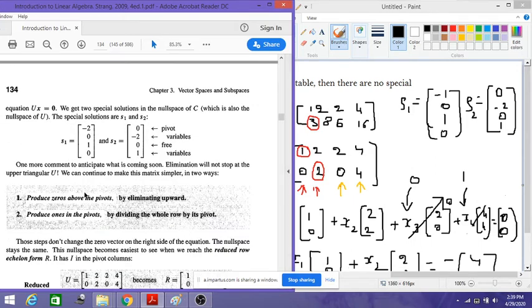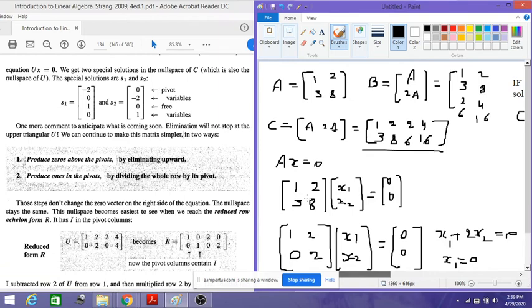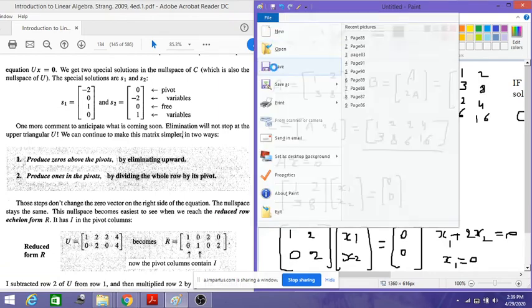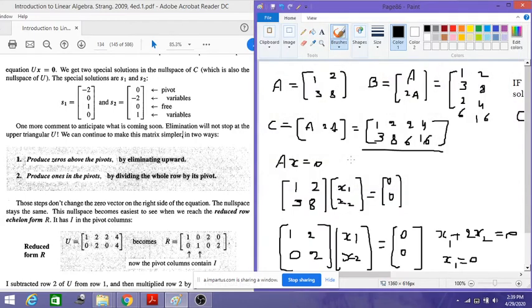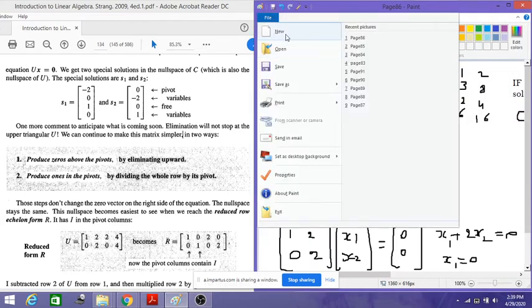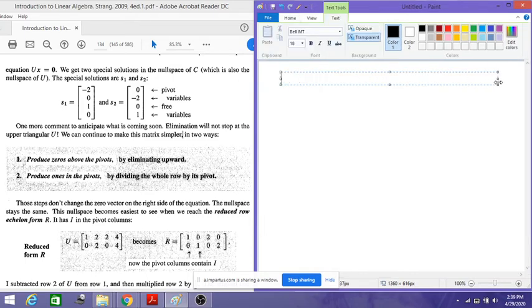So let us define this in proper words and see the procedure in words. The procedure goes as follows. Let me write this in terms of points.